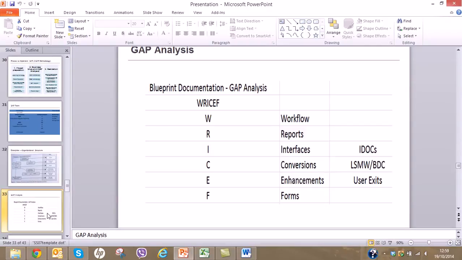WRICEF. W represents workflow. The company wants to create a workflow. Workflow is required to approve or reject the document. For example, you have created the purchase order. The purchase order is an external document. The higher managers always have access to approve or reject the document.